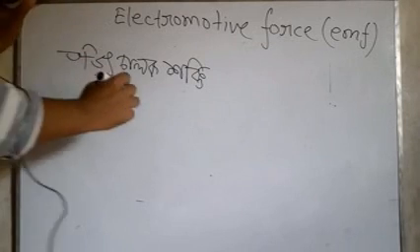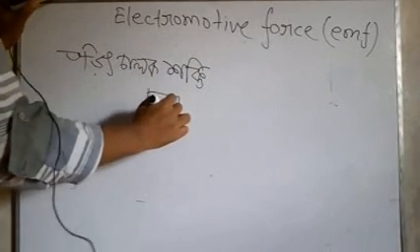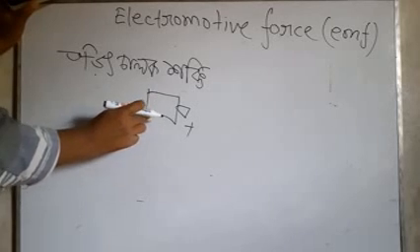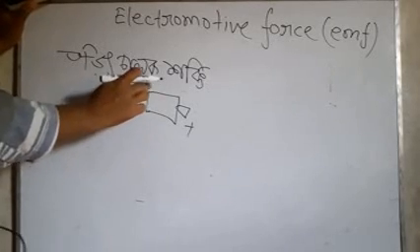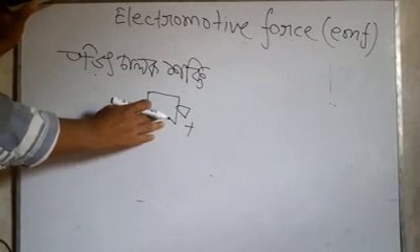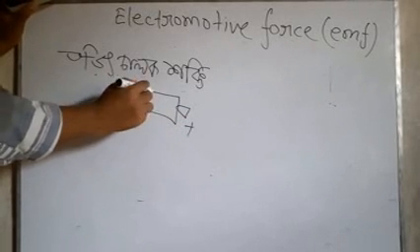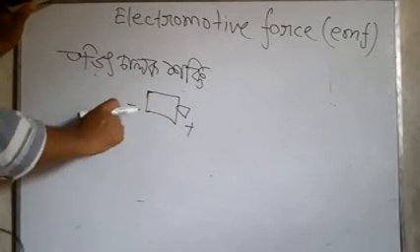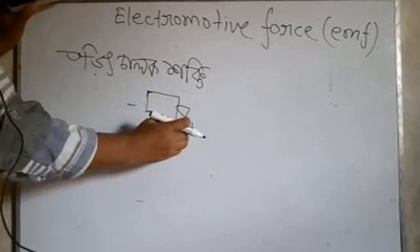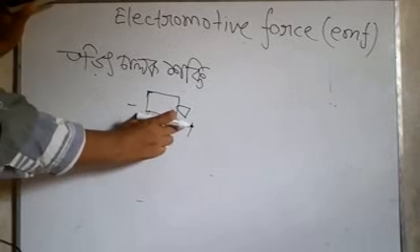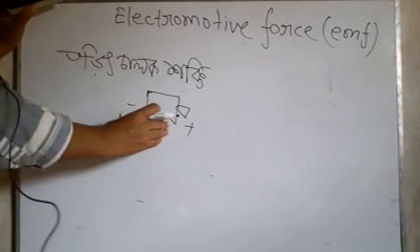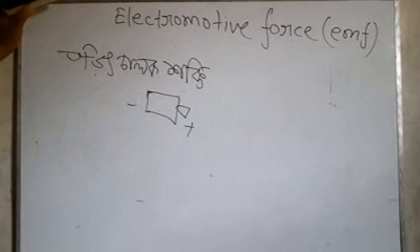Suppose a battery, with positive and negative potential. When there is no flow of current, that is, the circuit is open, in an electric cell, then the potential difference between the positive terminal and negative terminal of a battery is the electromotive force of that battery.